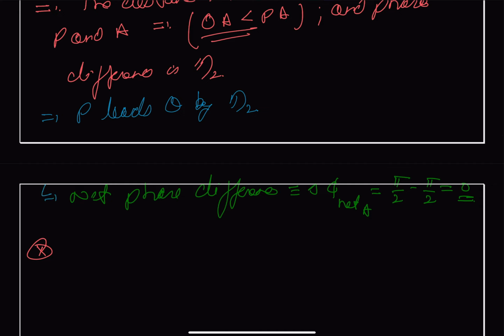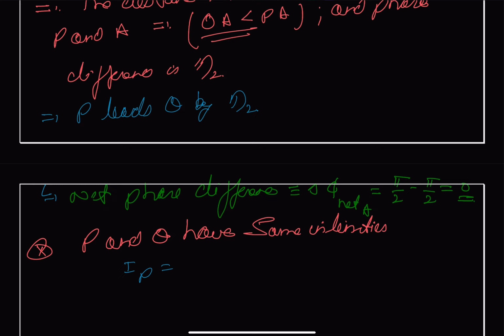Therefore, let us assume that intensity of P is equal to intensity of Q, and that is equal to I naught.